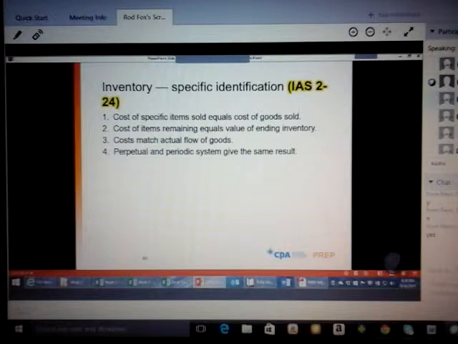Whatever price they paid to make it ready for you is the price they remove from inventory and put into cost of goods sold. Under this method, it doesn't matter if you're using a perpetual or periodic system, it will be the same. We don't have any examples to do in class today, but there might be one or two in your notes if you want to look at them.